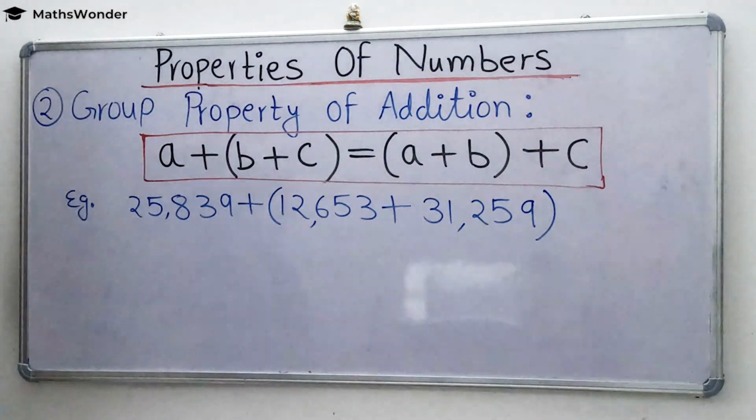See, this is the group property. Three numbers added in any order give the same number.